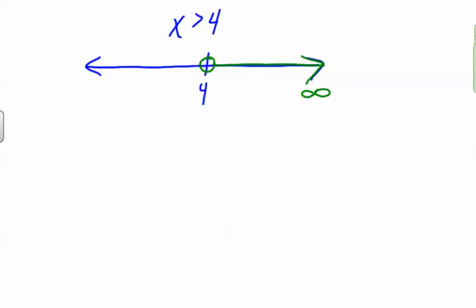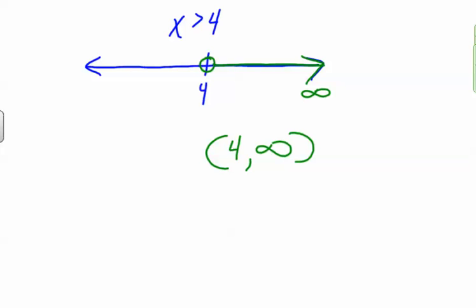When I'm using "not equal to," I'm going to use a curved bracket, the reference number, and then I've got to show where this interval is going. Although this looks like a point in the coordinate plane, it's not.